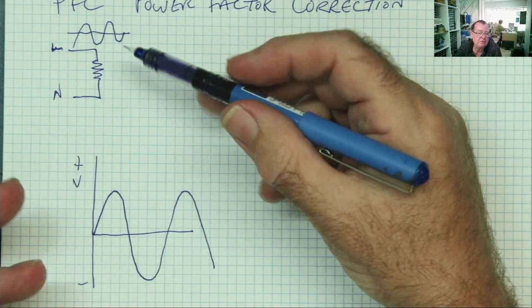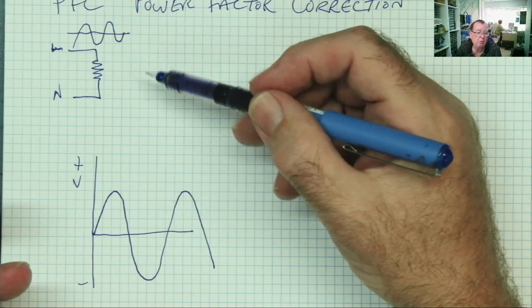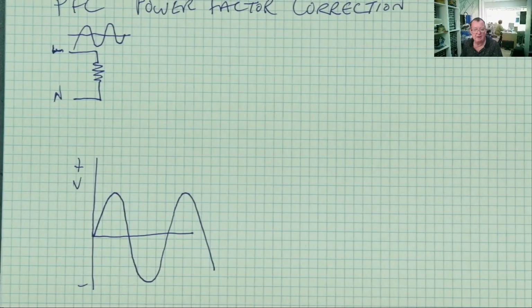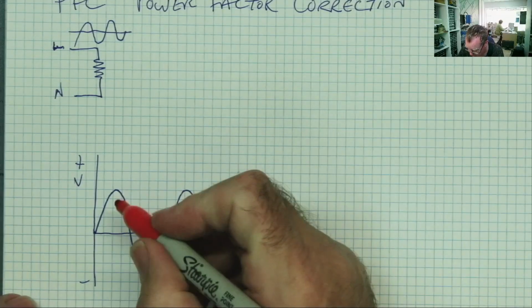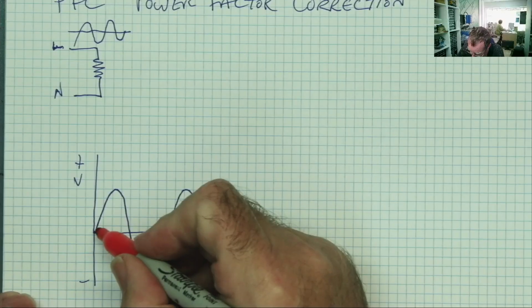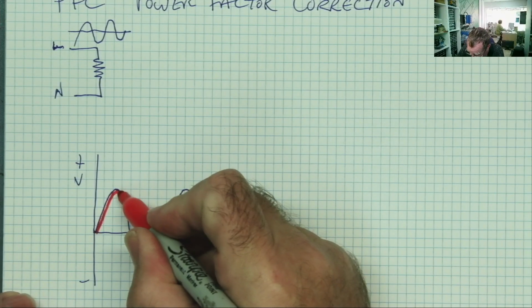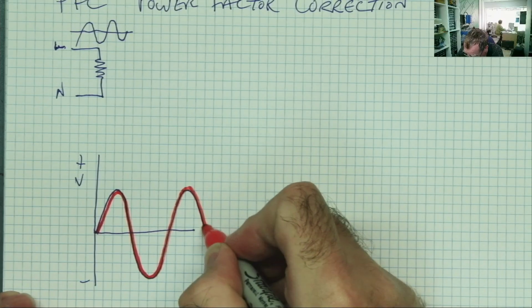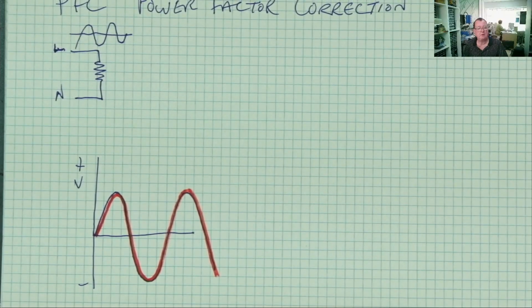With a load which is completely resistive, what's the current that's flowing? Well, the current depends on the voltage, and the higher the voltage, the higher the current. So at the same time the voltage is doing this, the current is doing the same thing. As the voltage goes up and down, the current it draws goes up and down. Yeah?